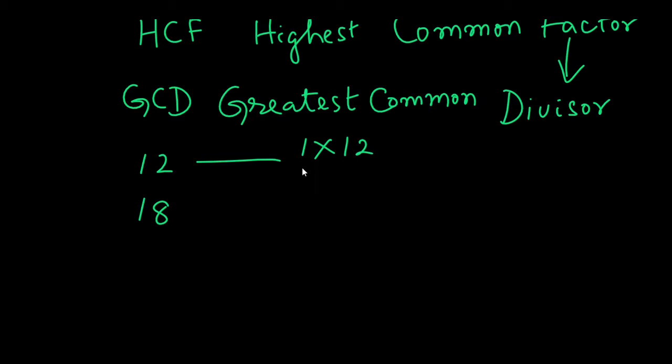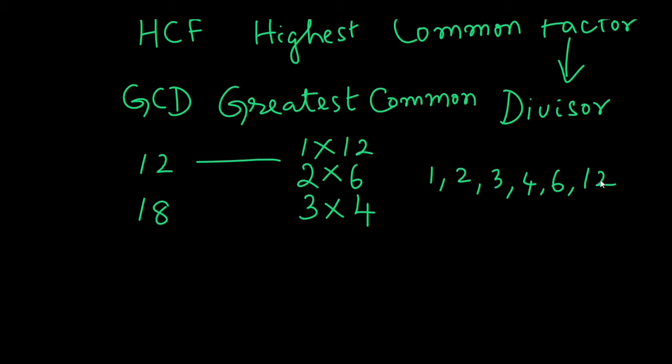Other conjugate factors are 2 into 6, 3 into 4. So totally how many factors are there? 6 factors: 1, 2, 3, 4, 6, 12. These are the factors of 12.